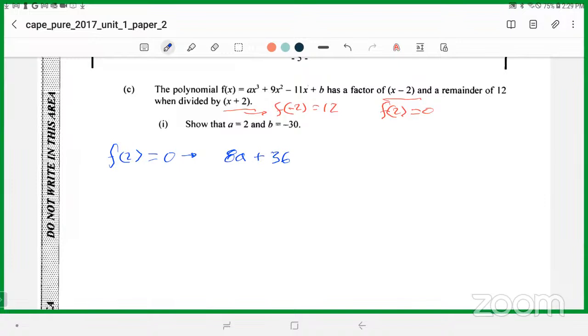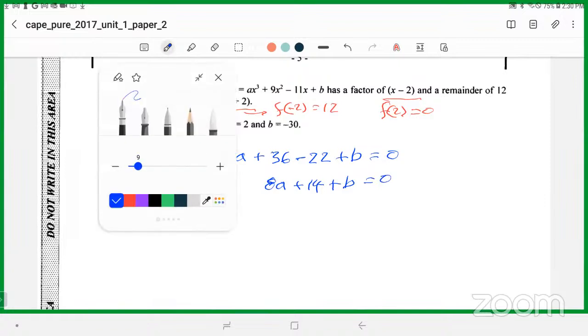And I'll put the 2 right here. 11 2s is 22, so subtracting 22, plus b. And it's all equal to 0, using the factor theorem. Now 36 minus 22 is 14. So this reduces to 8a plus 14 plus b equals 0. That's our first equation.